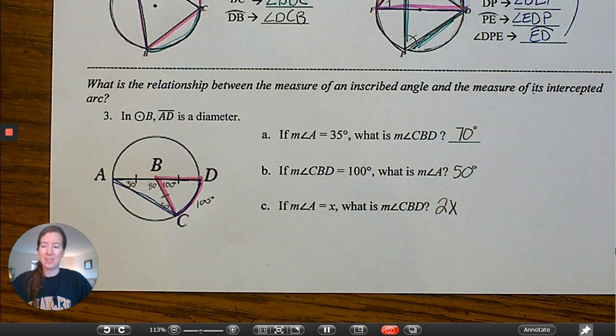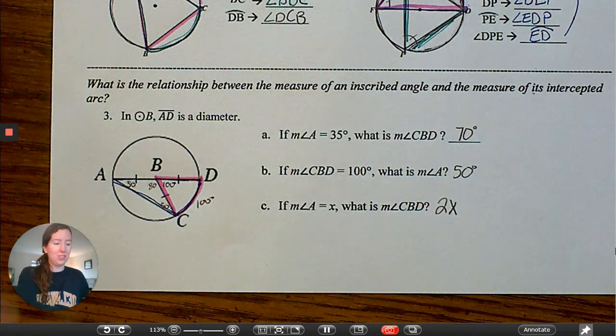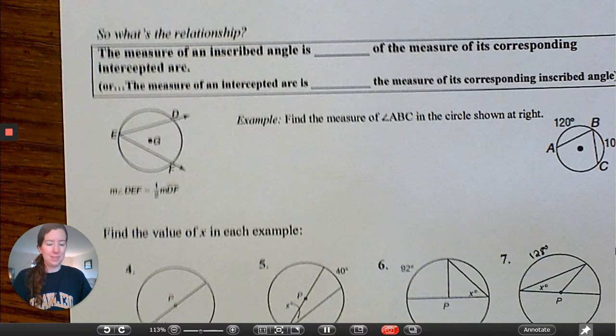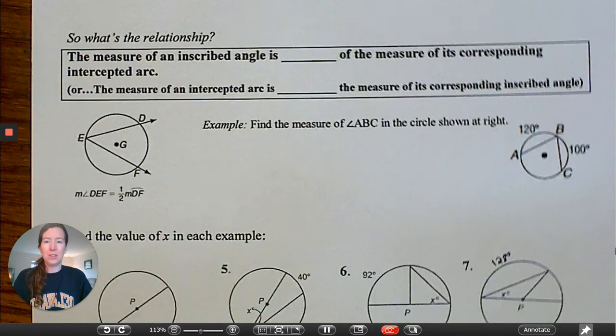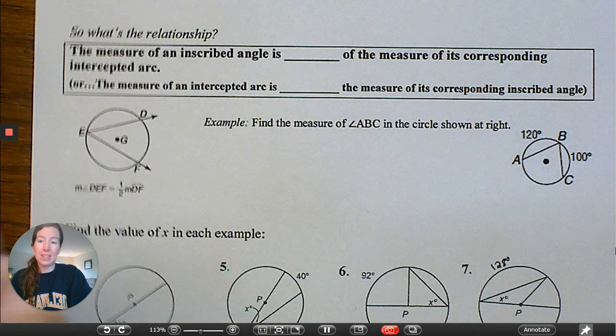So what is this telling us? You turn your page. This is telling us that the measure of an inscribed angle is going to be half the measure of its corresponding intercepted arc.